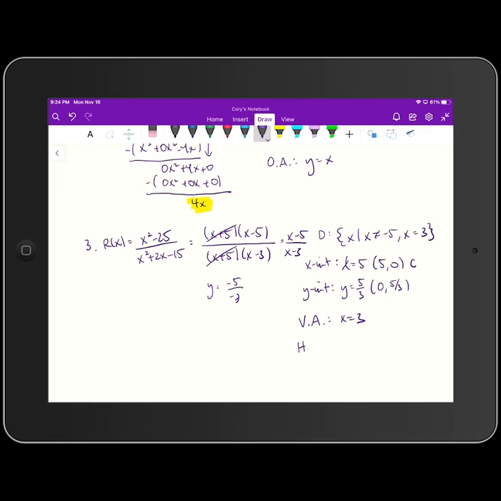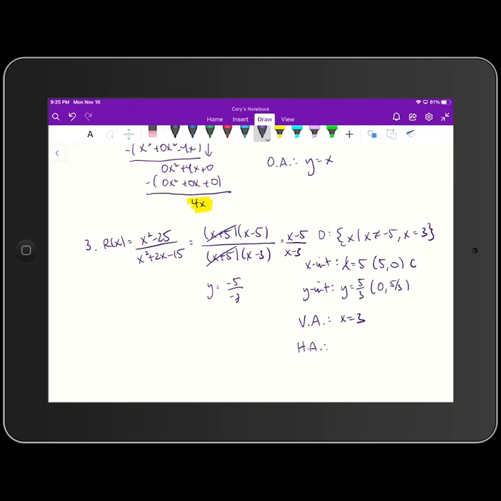Let's find the horizontal asymptote next. Again, it does not matter if you do the horizontal asymptote with the original function or the simplified function. I'm going to do it with the simplified function. When I look at the simplified function, the degree of the numerator is 1. The degree of the denominator is also 1.